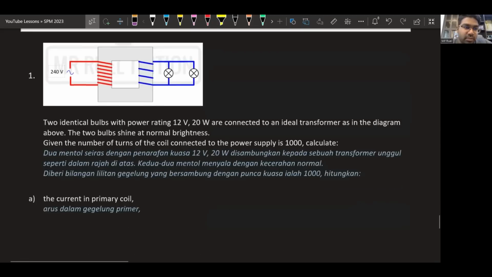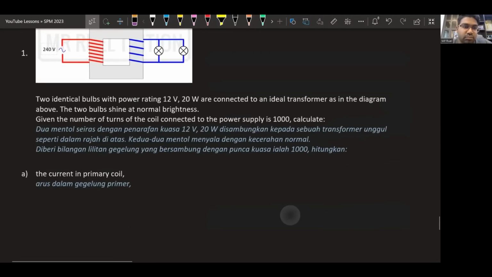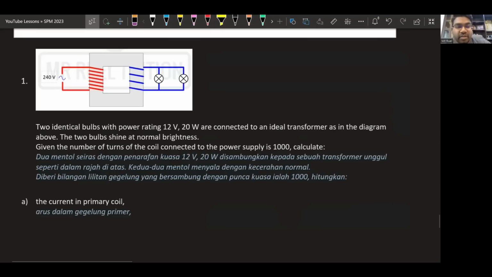Okay, now this one is a transformer question. Two identical bulbs with power rating of this are connected to an ideal transformer. So ideal transformer basically means that there is no loss of energy. It's 100% efficiency. So that means the initial power in the primary, the input power, is equal to the output power in the secondary circuit, right?